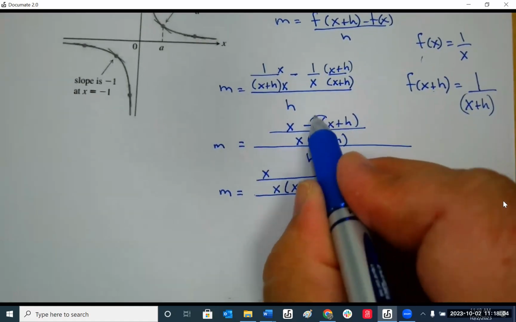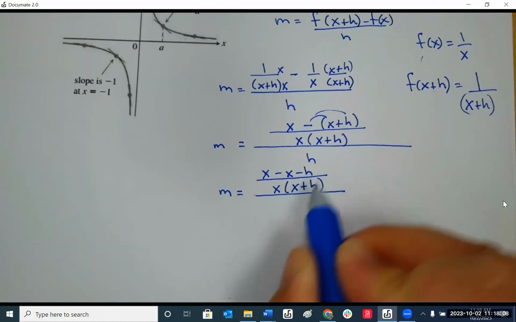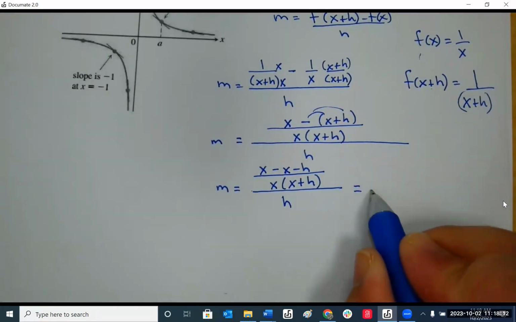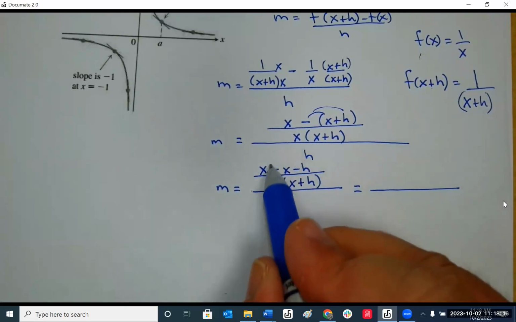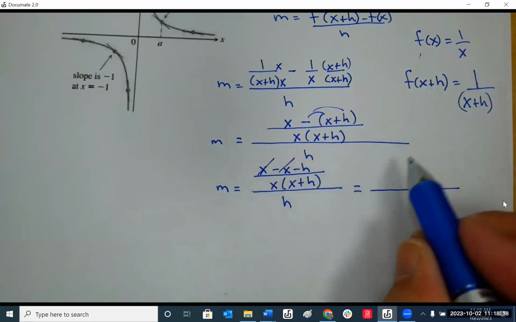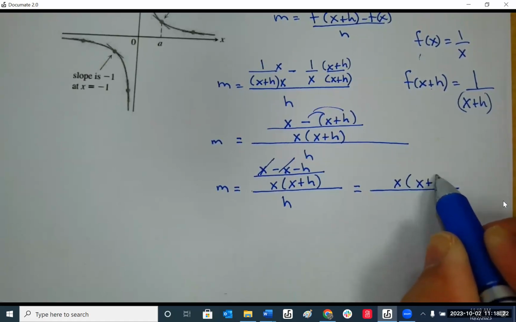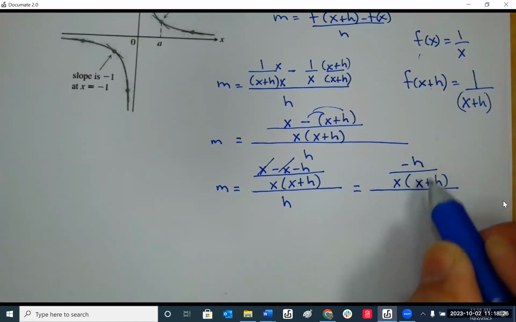We'll distribute the negative sign to the second equation. So we have negative x, negative h. The x's cancel. So we have negative h on top.